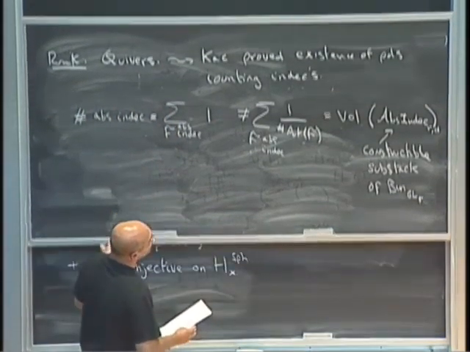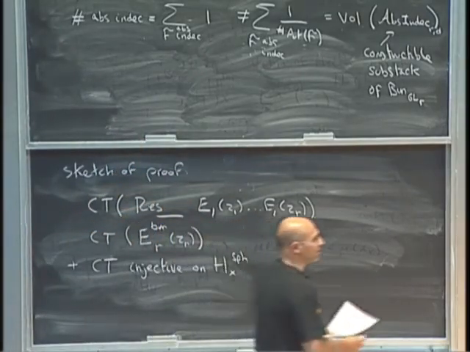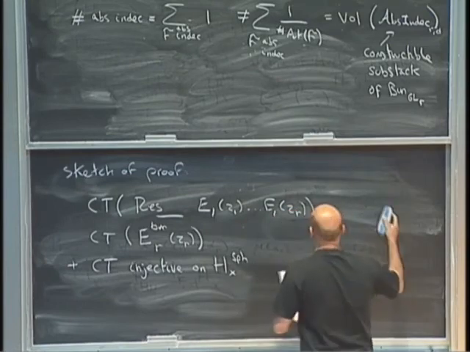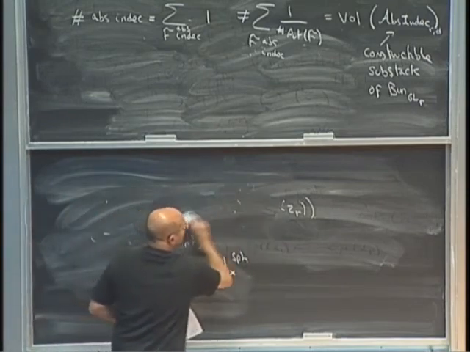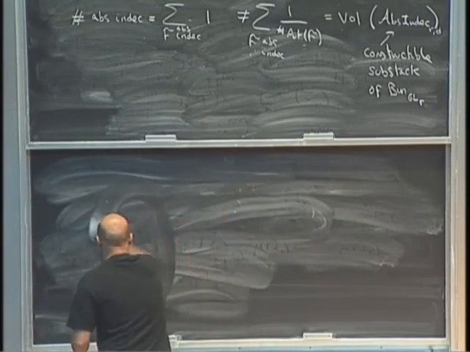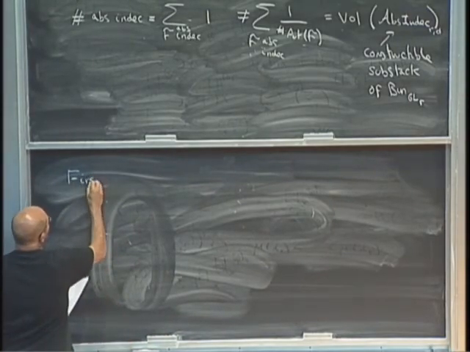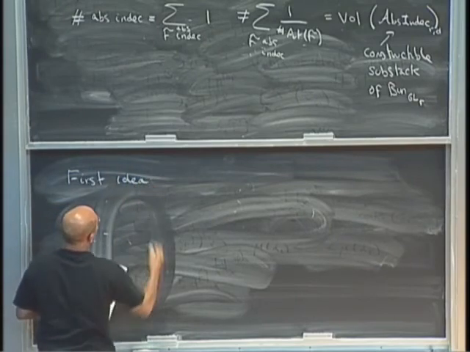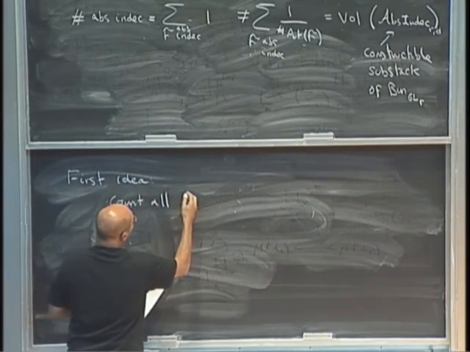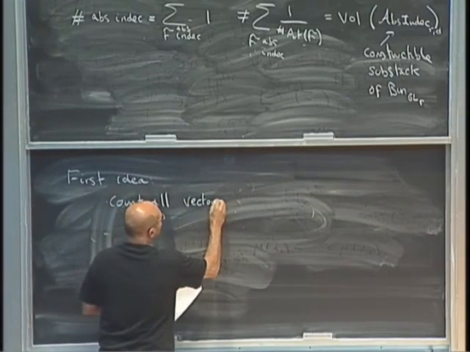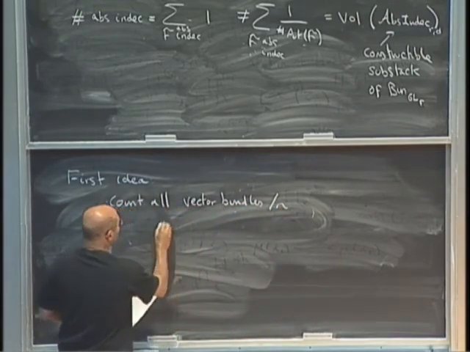Okay, so how do we go about computing this number of absolutely indecomposables using kind of ideas like Eisenstein series? So the first idea, and it works for Quivers, is to count all representations, count all vector bundles up to isomorphism, and then use some recursion.